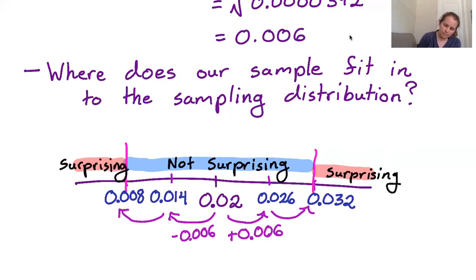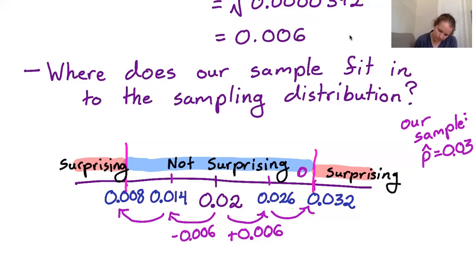Our sample p hat was 0.03, so if we place our sample, it falls somewhere in here.